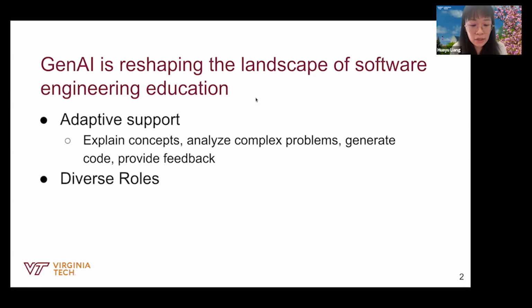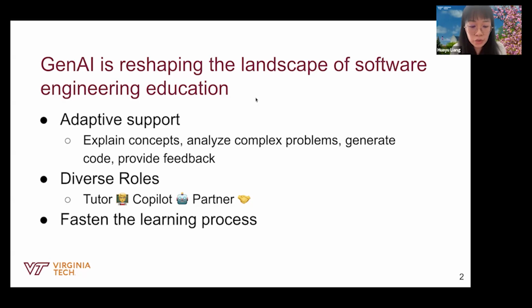Moreover, the AI can also play diverse roles, like a tutor to decompose and explain the problem step by step, or a compiler to help understand the code, or even a partner to explore and solve the programming task. Essentially, this tool can fundamentally speed up the learning process because the student can seek help within one platform without the need to switch between browser tabs or find information across different sources.